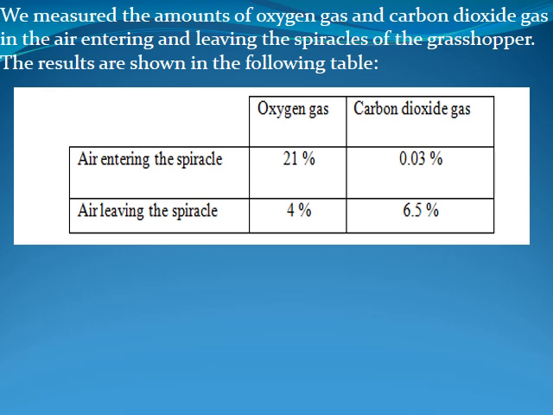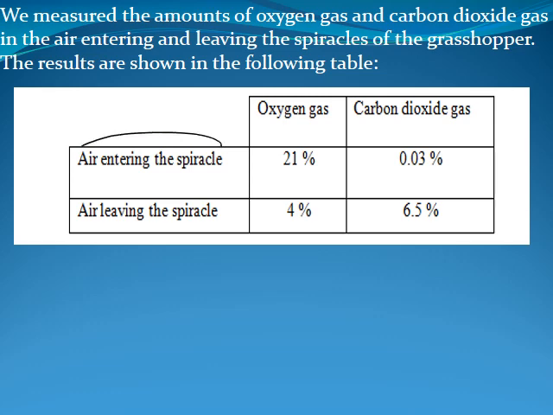Here we measure the amount of oxygen gas and carbon dioxide gas. These gases are called the respiratory gases, oxygen and carbon dioxide. We measure the amount of oxygen and carbon dioxide gases in the air entering and leaving the spiracles of the grasshopper. The results are shown in the table below.